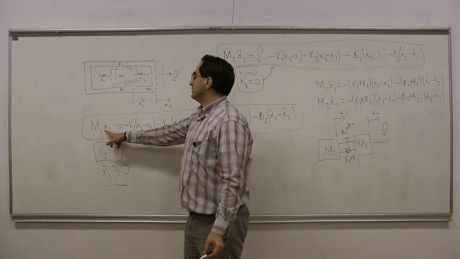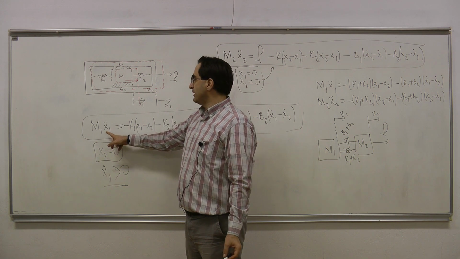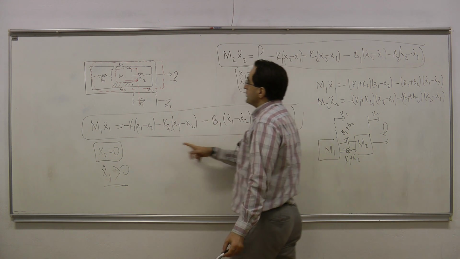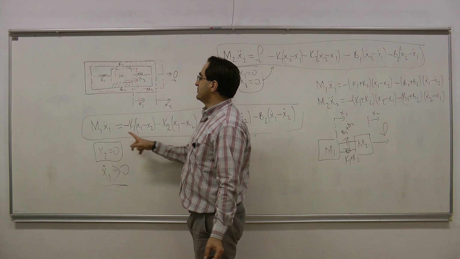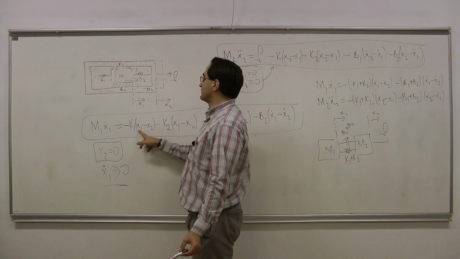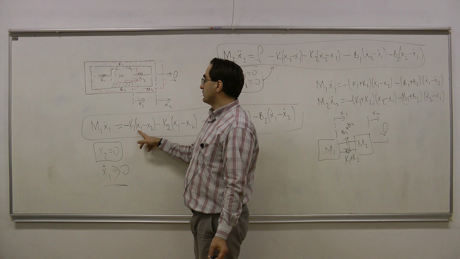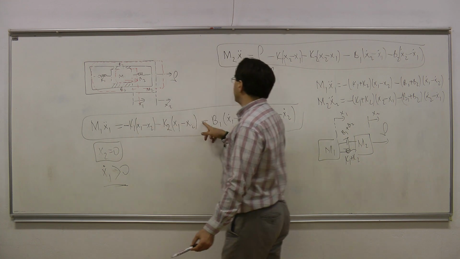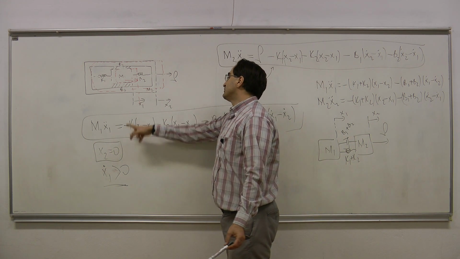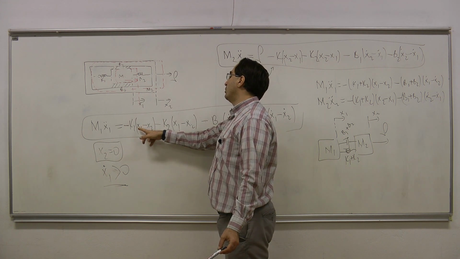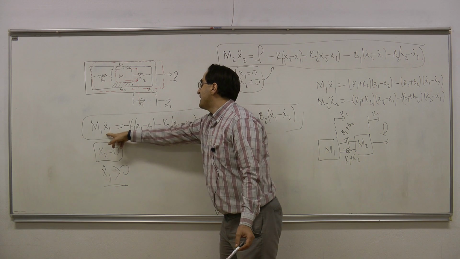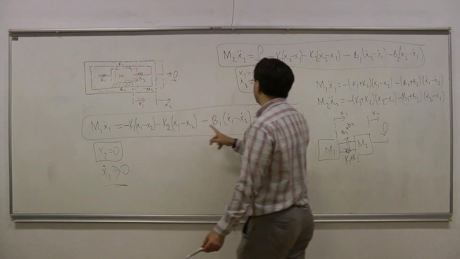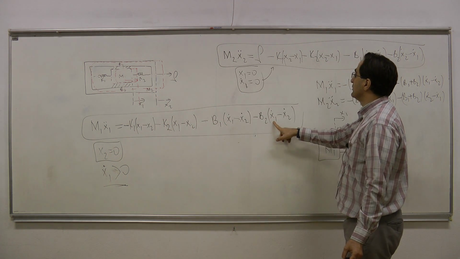If I would like to write the equation for M1 x1 double dot, and I put minus signs everywhere on the right, then in the relative motions, it is always the own variable of the mass that appears first. So you see here that x1 appears first, x1 appears first, x1 dot appears first, and x1 dot appears first.